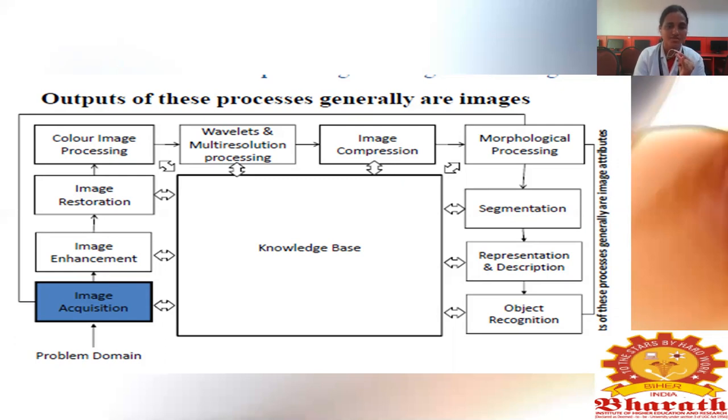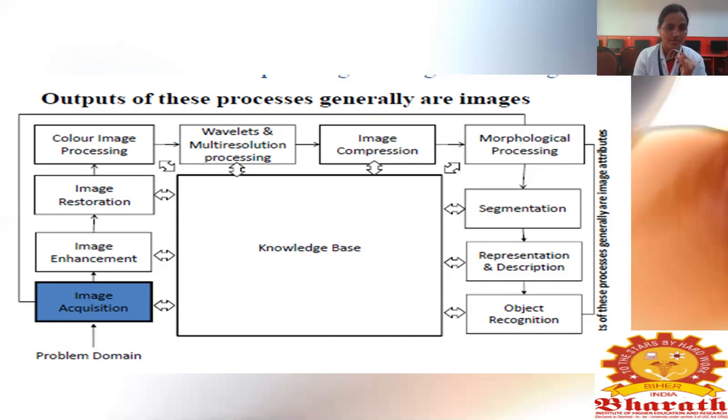In image enhancement, we will be manipulating the image we get from image acquisition. Manipulating the image means we are enhancing it, so that we can process it better or get better images.